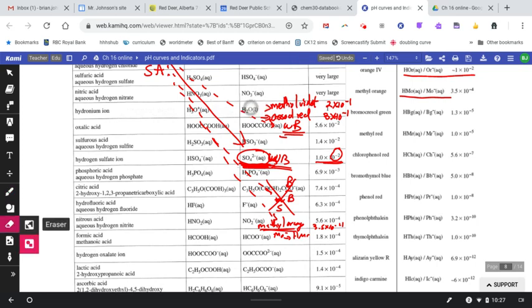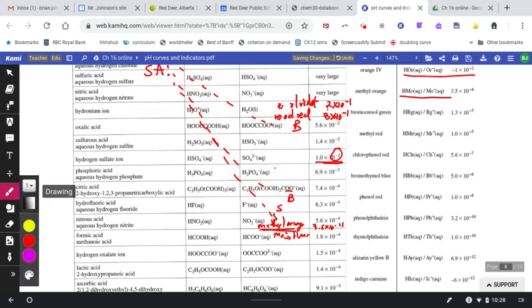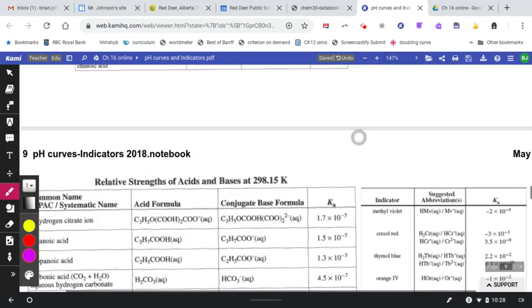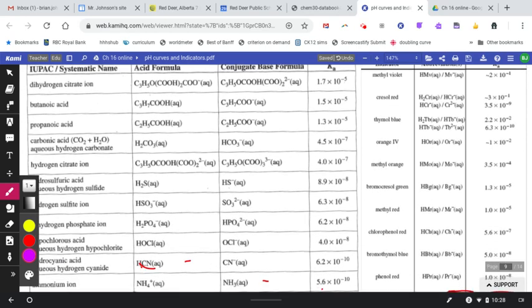Let's clean this up a little bit. Okay, that's enough so you see what's going on. Okay, so strong acid can react with HSO3 minus, and phenolphthalein is 10 to the -10, which is way down here. It's off of this slide, sits way down here.